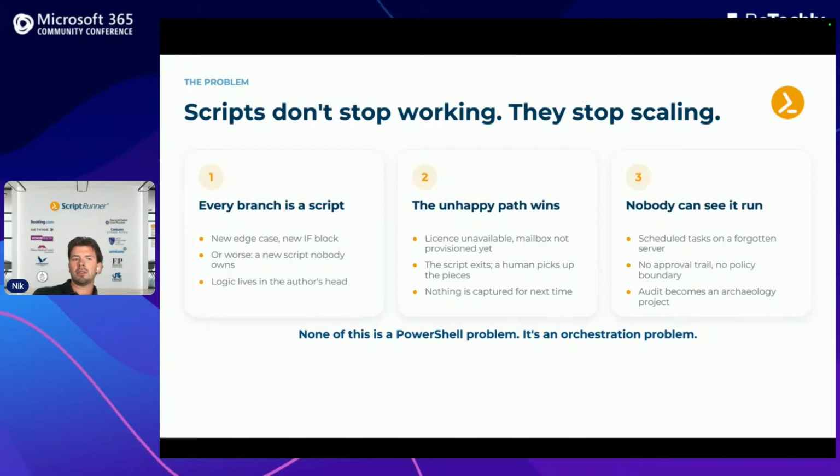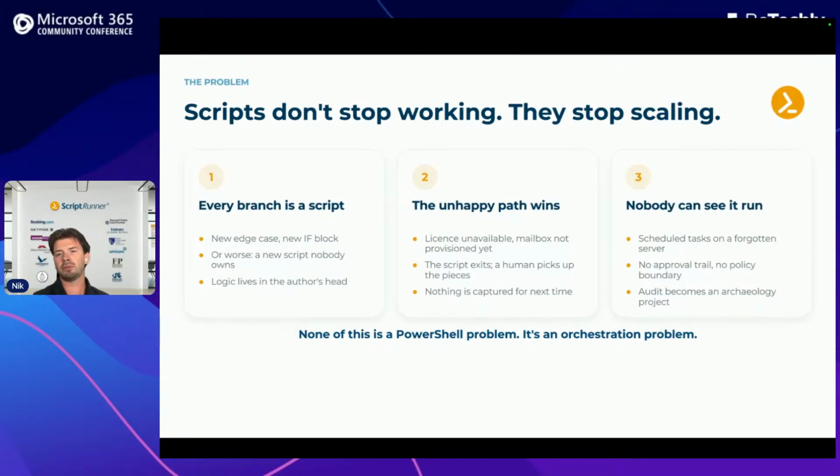And the third reason is visibility. There is no central visibility. Nobody can see what has been executed, right? And let's say you also have a scattered stack, different platforms. Everything is scattered, and nobody really has one clear picture of what has been executed.